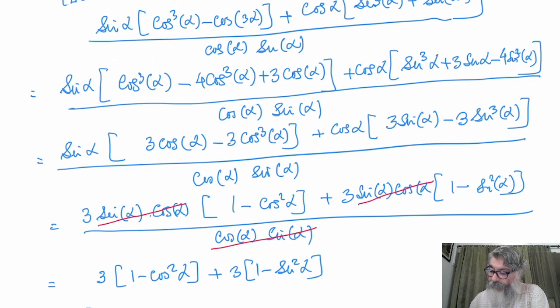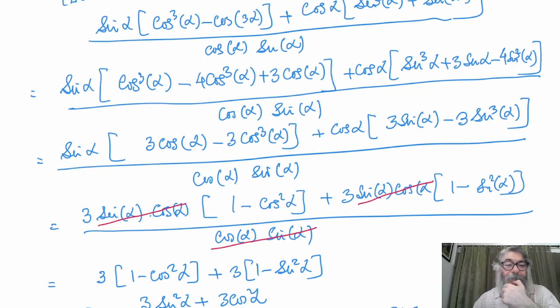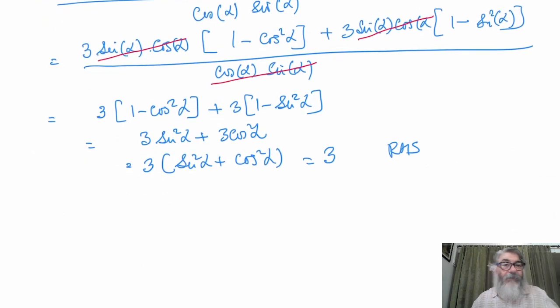It is 3 sin square alpha plus 3 cos square alpha. That is, 3 is common. You will get sin square alpha plus cos square alpha, which will be equal to 3, the right hand side, because sin square alpha plus cos square alpha gives us 1.